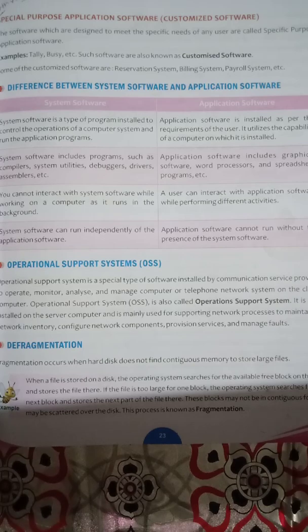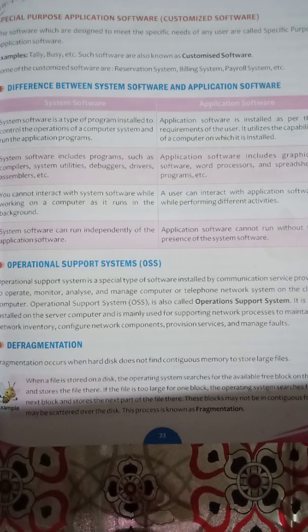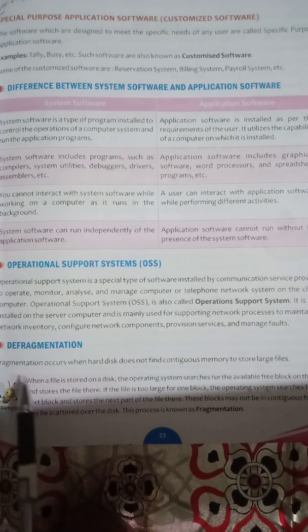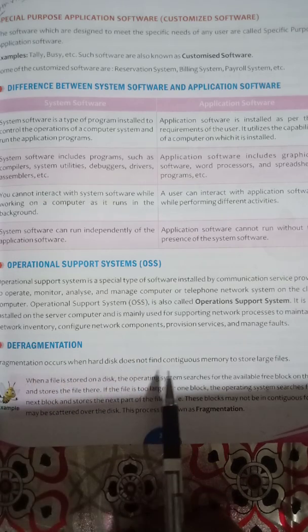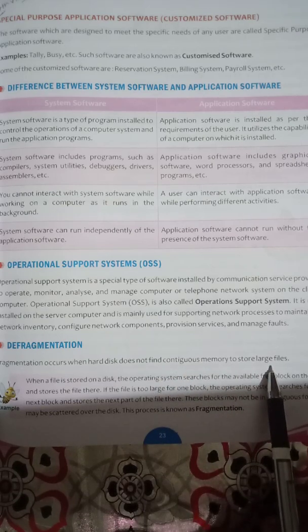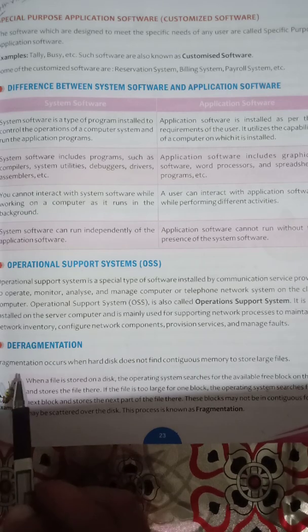Next our topic is defragmentation. All of us know about the term fragmentation. Fragmentation occurs when the hard disk does not find continuous memory to store a large file. If in your computer system there are very large files and not proper space in your hard disk, your hard disk can show you a message of fragmentation.